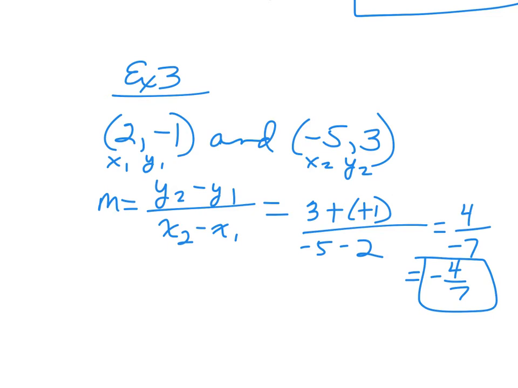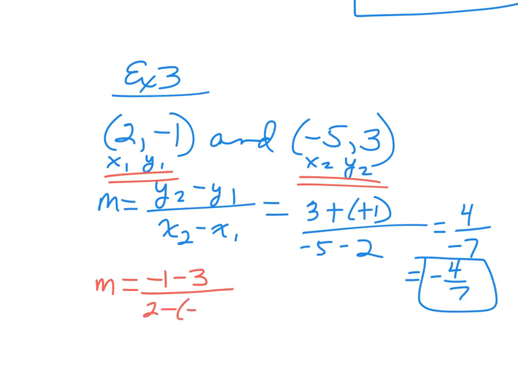Now, let's say Dustin would have switched those. Let's say he would have made this one x2, y2, and that one x1, y1. Then what would it have looked like? y2 minus y1 would be negative 1 minus 3. x2 minus x1 would be 2 minus negative 5.